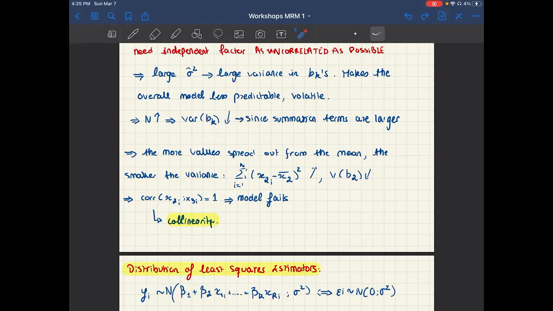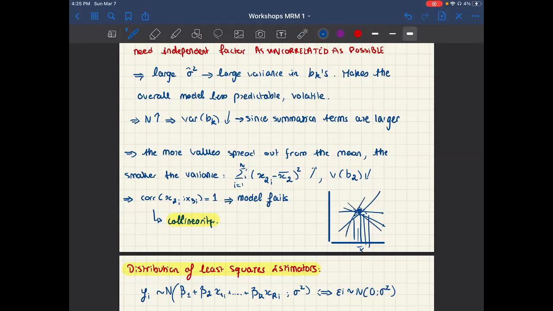Another thing is the further away the observed values are from the mean, the more precise your model is. I think I talked quickly about this yesterday, but if this is the mean right here, and all your observed values are really close to the mean, it's really hard to fit a line through the values you have.